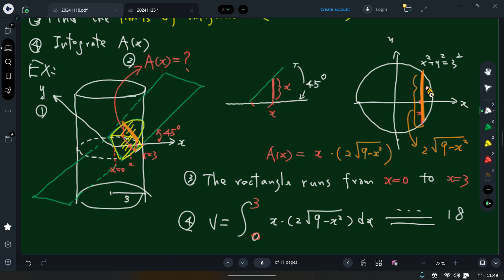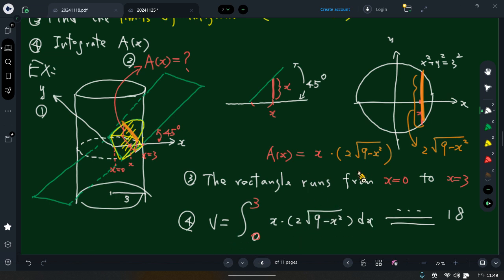So if you want to get this view, you can just stand here. If you want to get this view, you can stand here. Let me just show you again. If you want to get this view, just stand here. Okay? So as for the calculation, it's not that hard for you because you already know the tip of substitution.